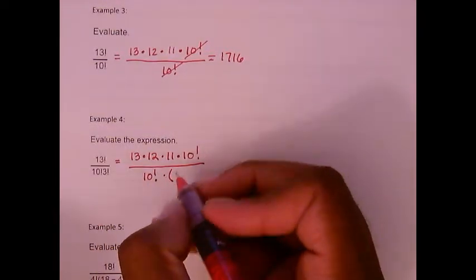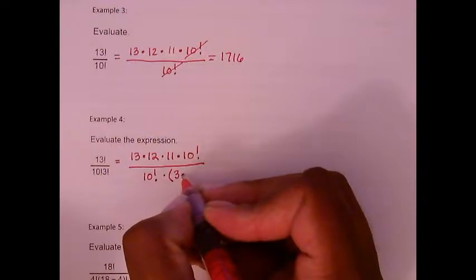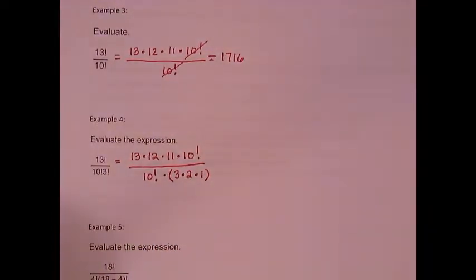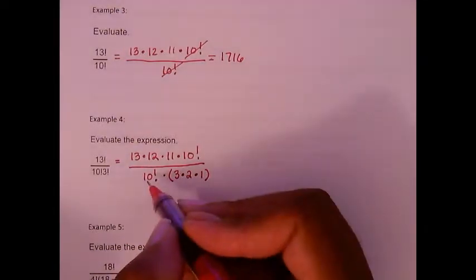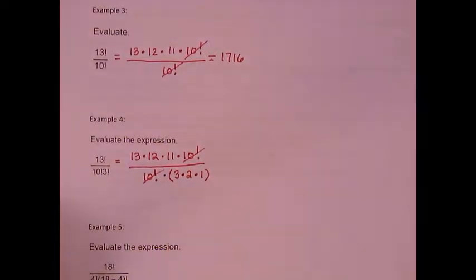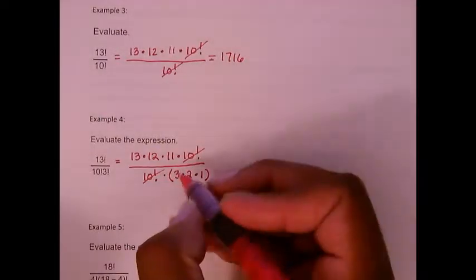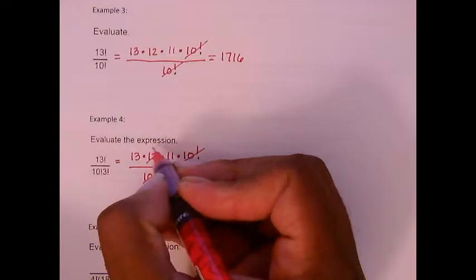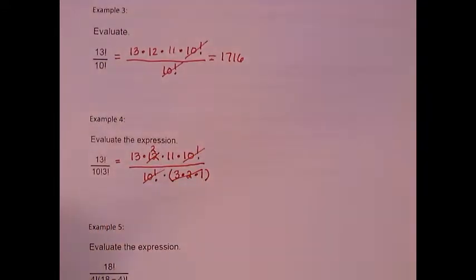For the 3 factorial, I'm just going to expand this as 3 times 2 times 1. Now what I can divide out are the 10 factorials here. If I multiply 3 times 2 times 1, that's going to give me 6.